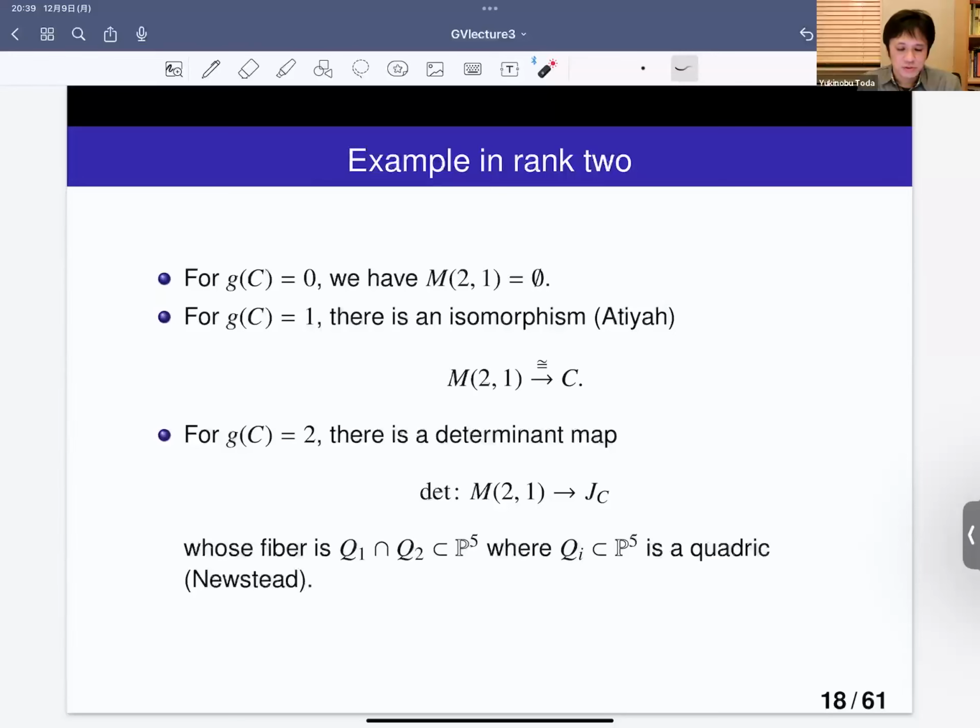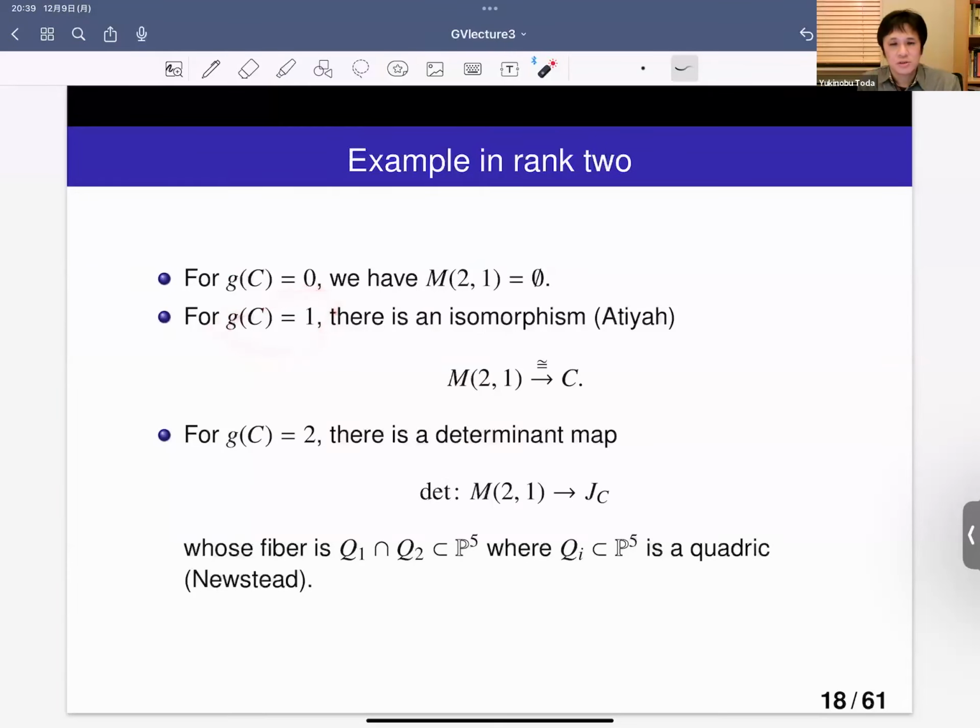In the genus 0 case, there's nothing, because I assumed the rank and degree are coprime, so the moduli space becomes just empty. This follows from the classification of the vector bundles on P1.